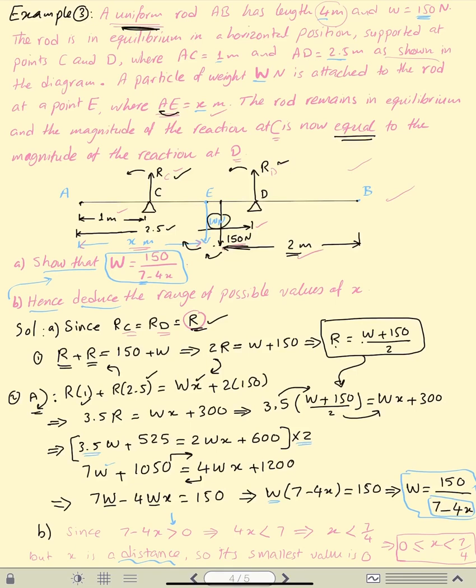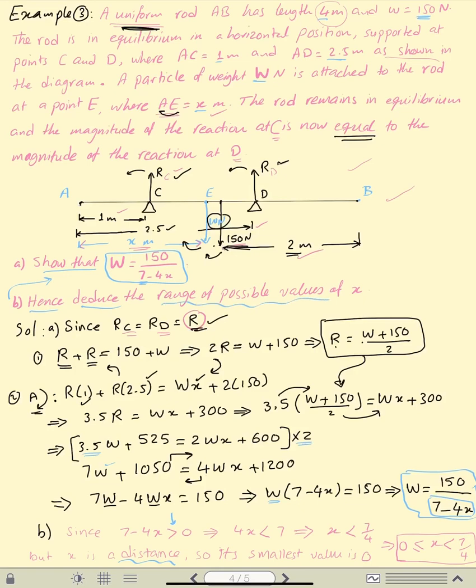The smallest value of this distance x is at A. The smallest value of x is 0, because it's a distance. This is the meaning of a range of possible values of x.